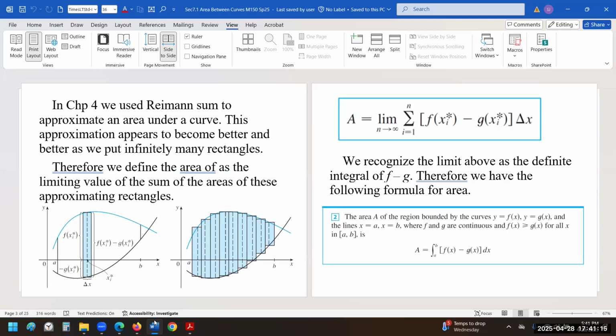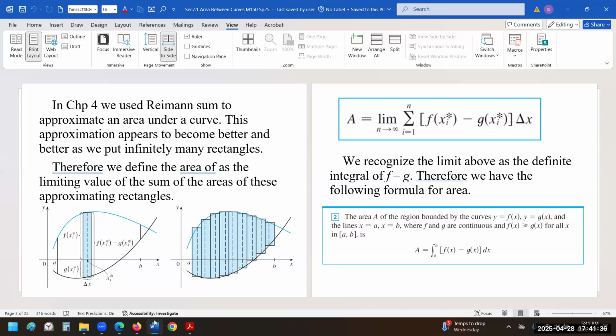In other words, if we make rectangles very small and have infinitely many rectangles, what would our area be? Since you're taking the limit, it tells us to take the antiderivative directly. It will be the same as having many rectangles.